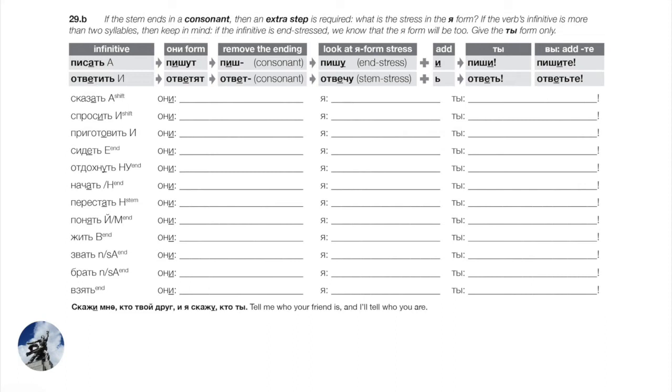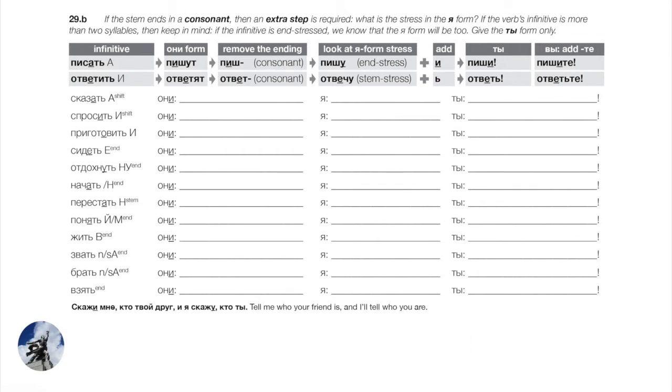They call, we know that from like lesson 1. Зовут, right? Они зовут. Как тебя зовут? Зовут, we drop ut, we're left with a v. What will the ya form be? Зову, end stressed verb. Я зову, that implies зови, зови, right? Call.